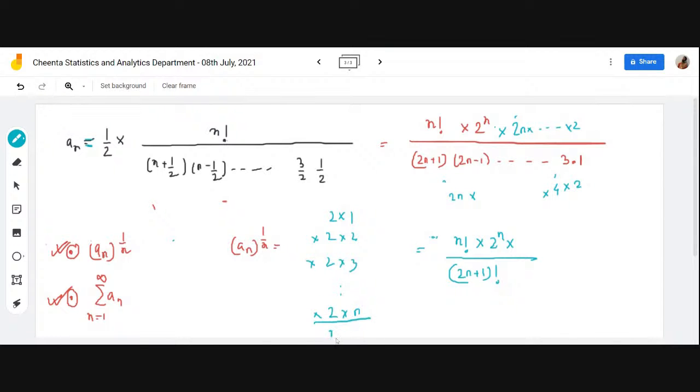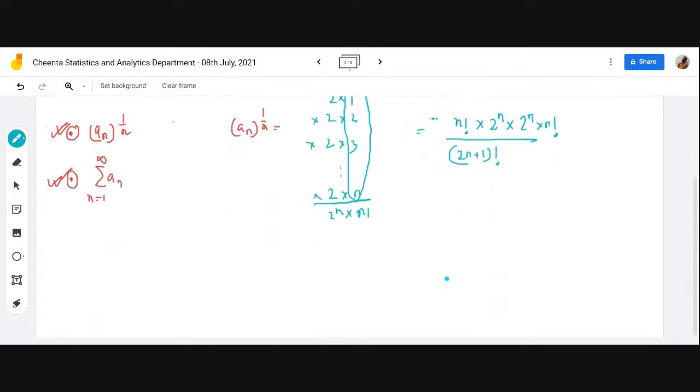If you multiply, you get 2 to the power n times n factorial, right? So what do you get over here? Did you understand now, Madhav? Yes, sir. Clear, sir. Thank you.